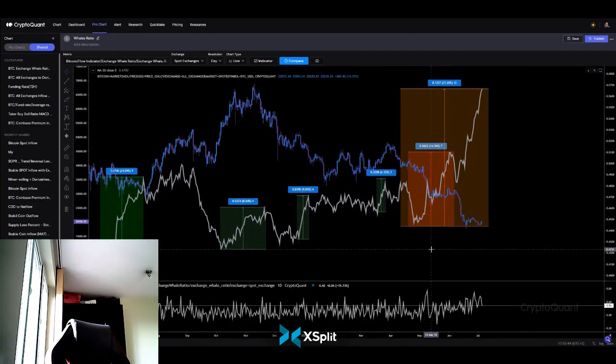But I hear a lot of people already saying we will go up, we will go up much more, we are done. And I would be very careful, because when the whales ratio is lifting up like it's doing right now, in my opinion it's indicating the worst is still to come.